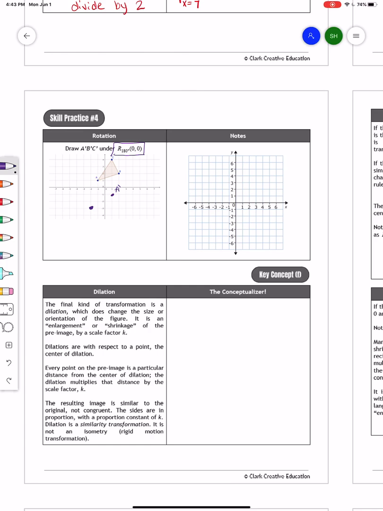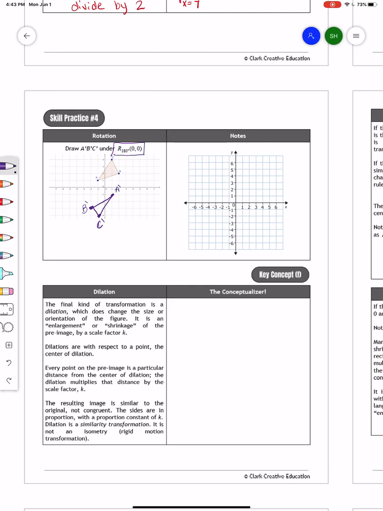And then we have 1, 4, which will now be -1, 4. A. You can see how if you flipped it a full 180 degrees, it would be in the same spot it is right there. Okay?